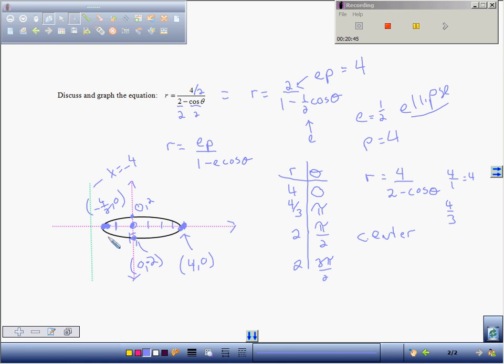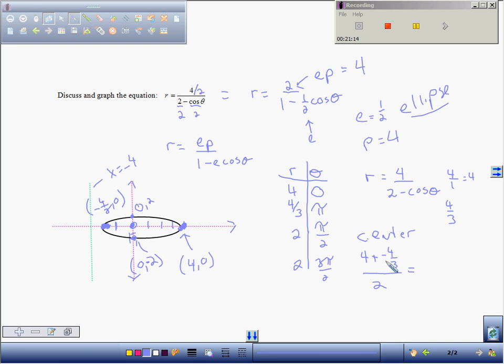See that? So to find the center, I'm going to average the 2 vertices. So I'm going to go 4 plus negative 4/3, and I'm going to divide that by 2. You're finding the midpoint between those 2 points. You understand that? And the y coordinate is going to be 0.